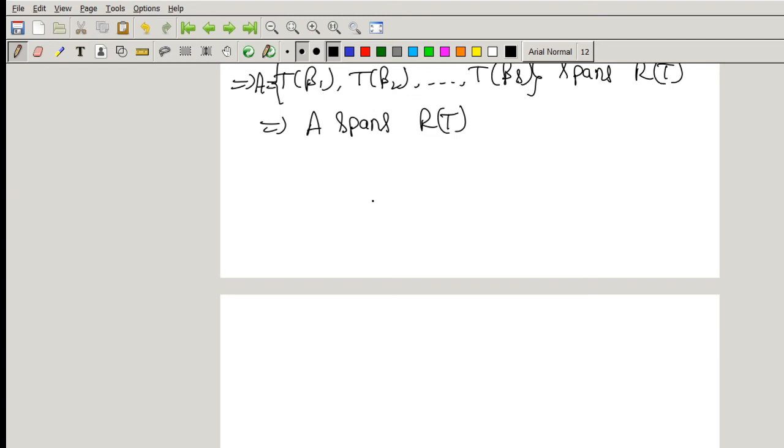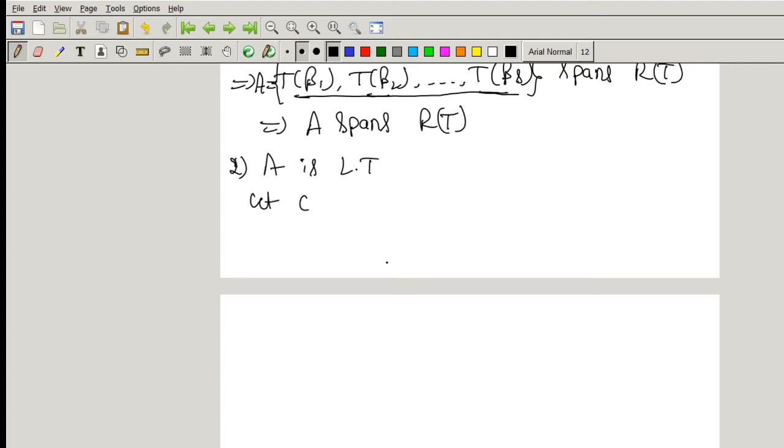If you check for linear independence, these are the elements in R of T. To check for linear independence, first we have to consider their linear combination. So in the second case, we have to prove that A is linearly independent. A contains these elements. To prove that this set is linearly independent, first consider their linear combination.